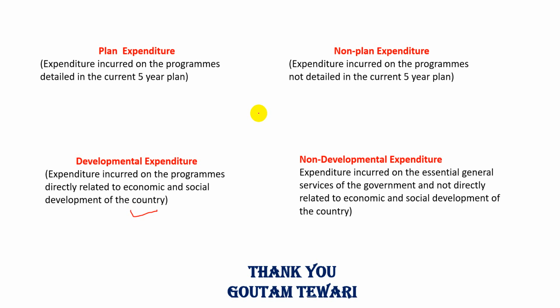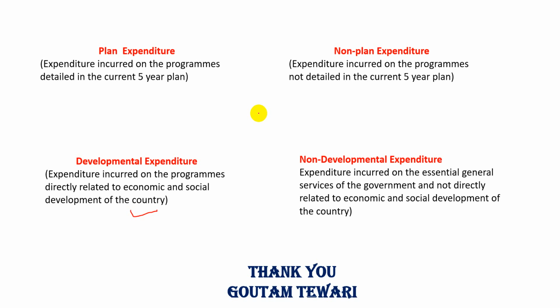If we borrow from someone, we'll receive money, but it will create liability. If we sell our asset, we'll receive money, but asset will reduce. Where either of these two things happens, it will be known as capital expenditure.